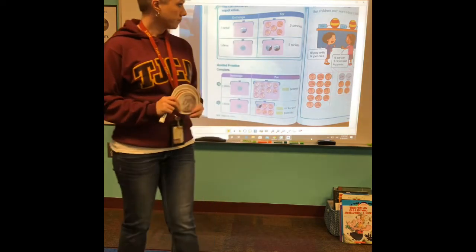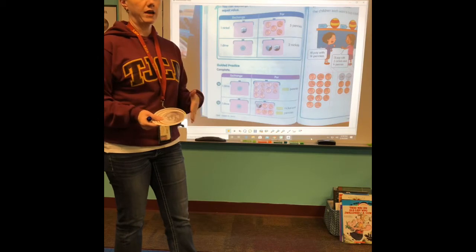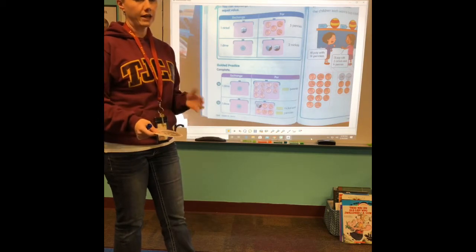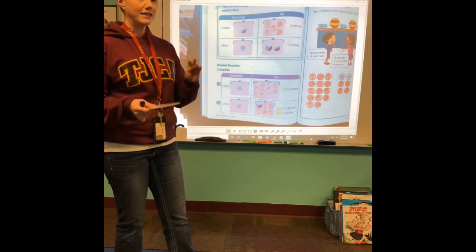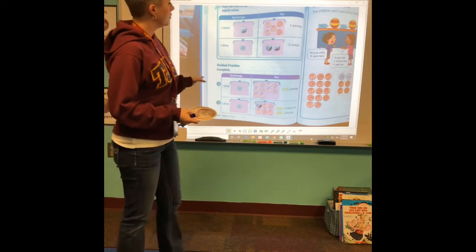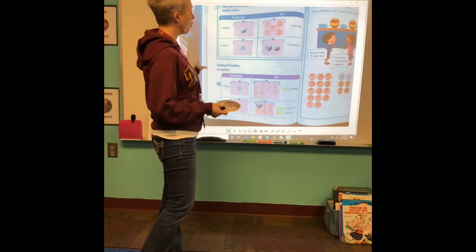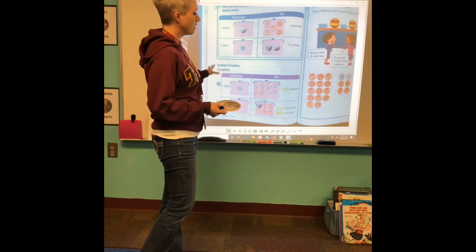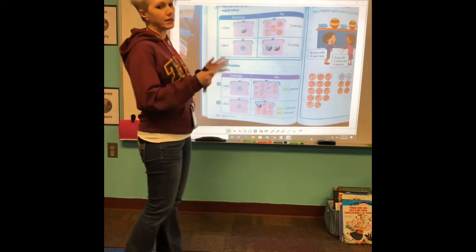Okay. So yesterday we talked about their worth, what they look like, and we counted a little bit of money. Today we're going to learn that we can exchange one coin for a set of a different coin, and they can be equal.